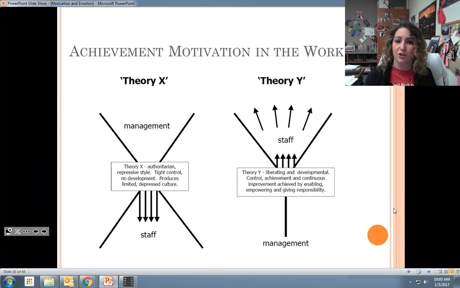Okay, so speaking of work motivation and doing something for a paycheck versus actual love, I don't know where this fits anywhere else besides talking about what type of management you are working for in the workforce, whether your manager is using theory X management or theory Y management. Theory X, here you see, is authoritarian, repressive, tight control.